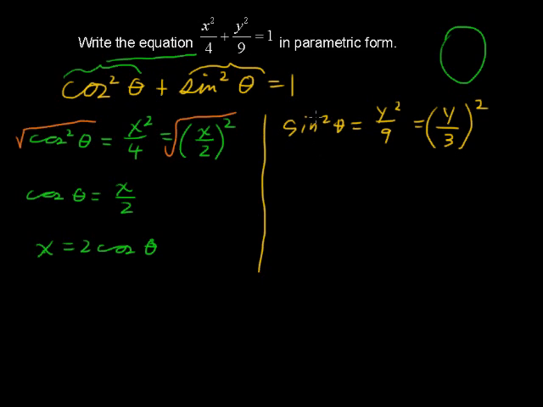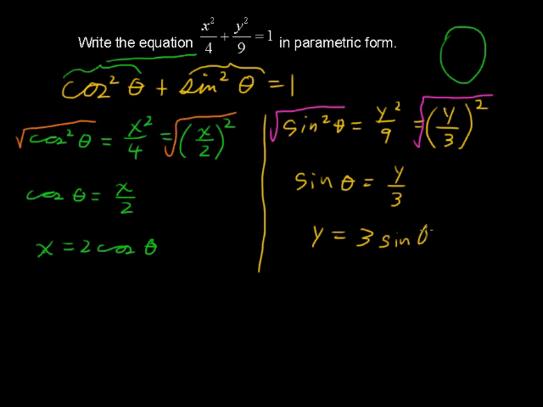So now we have something squared on the left-hand side and the right-hand side, so that we could take the square root of each side to get rid of this power of 2. And now then we can write sine of theta equals y over 3. Multiply each side by 3, and you get y equals 3 times sine of theta. Okay, those are the x and y coordinates or components of the parametric equations.